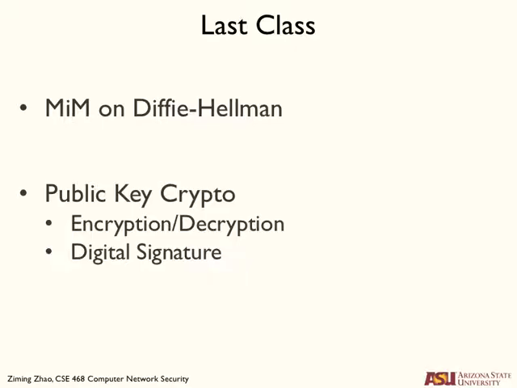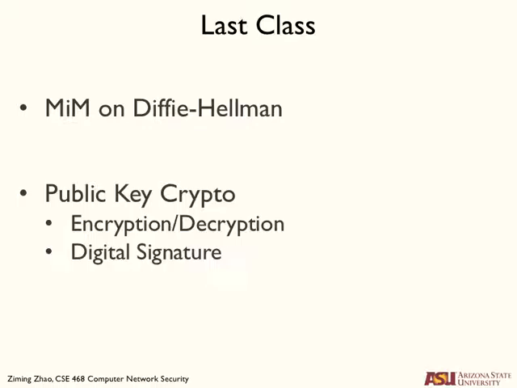Last class we talked about the man-in-the-middle attack on the DH protocol. We also discussed public key crypto. We showed how we can use it to do encryption, decryption, and more importantly, digital signature.